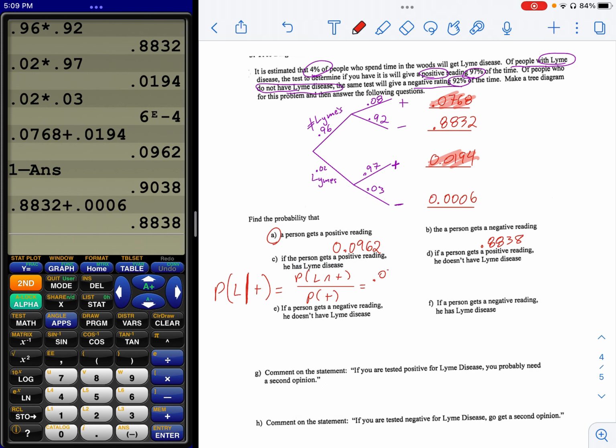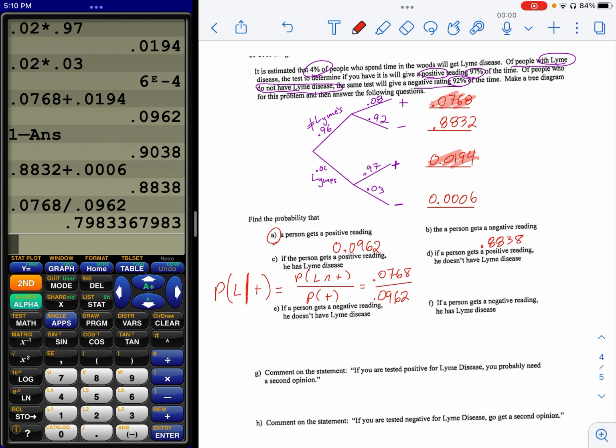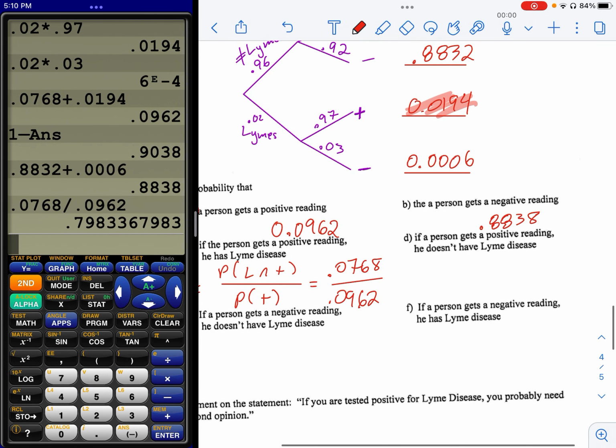That's 0.0768. And the denominator is positive reading, which I found right here, 0.0962. And then divide them. About, let's say, 79%.